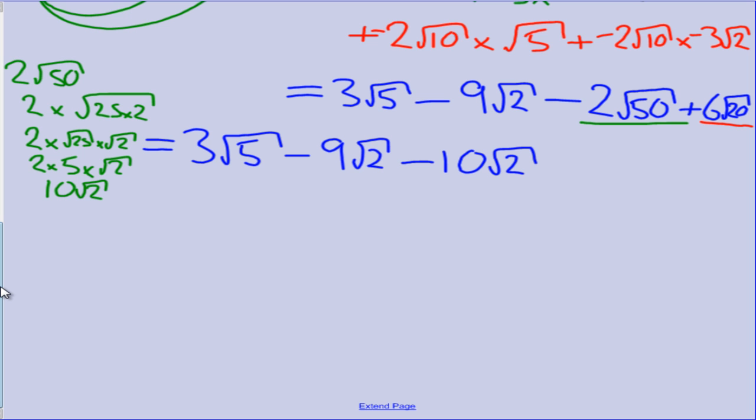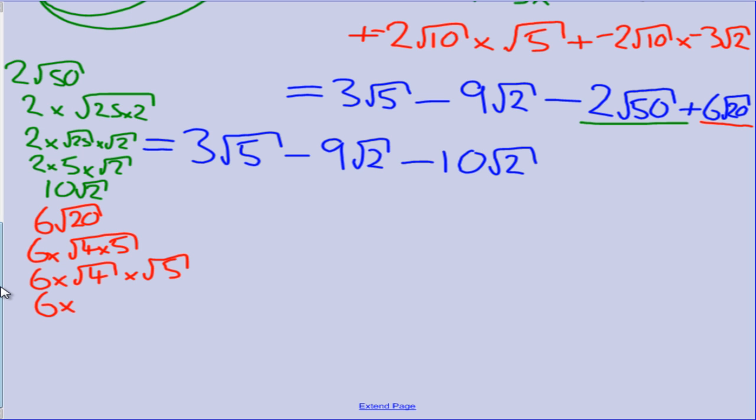So we're going to have 6 root 20. Now the 6 stays out the front, and I'm going to split the 20 up into 4 times 5. 6 times the square root of 4 times the square root of 5. The square root of 4 is no longer a surd, that is 2 times the square root of 5. So that gives us 12 root 5 as our little sub answer for that one.